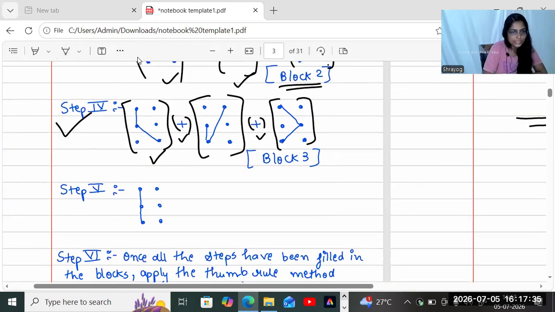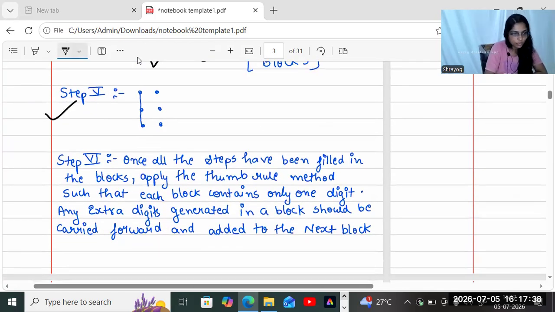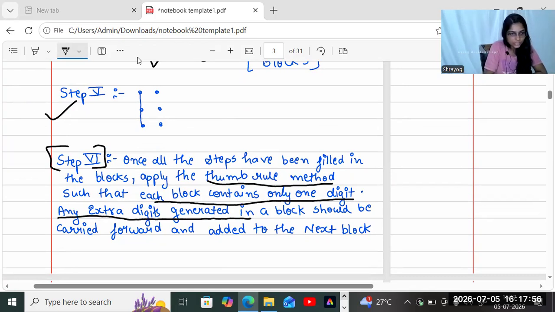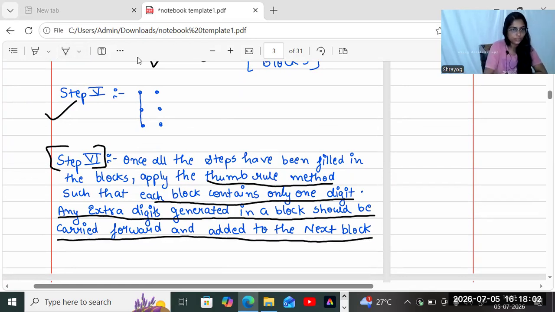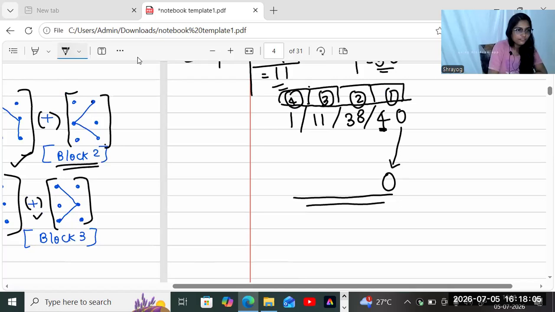So let's move towards the final step of this method, which is 6. Once all the steps have been filled in the blocks, apply the thumb rule method such that each block contains only 1 digit. Any extra digit generated in the block should be carried forward and added to the next block. So here I have got 1 digit from block 1, and the extra digit 4 of block 1 will get added to the next block.